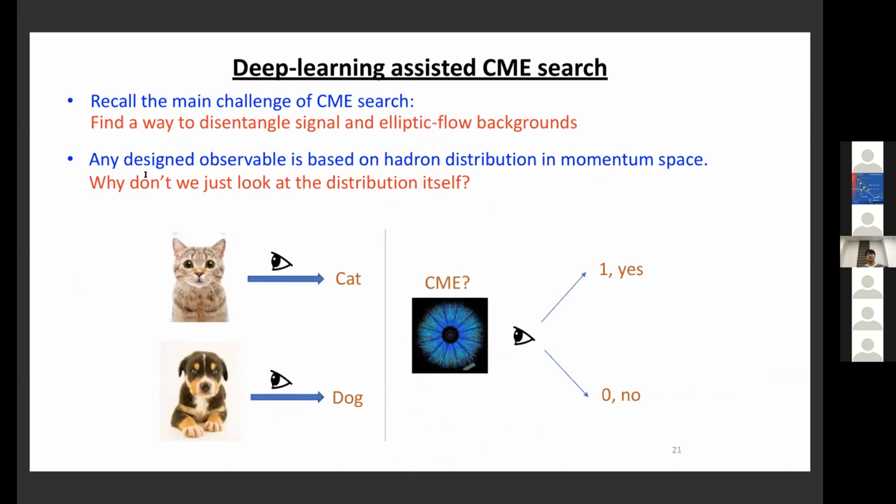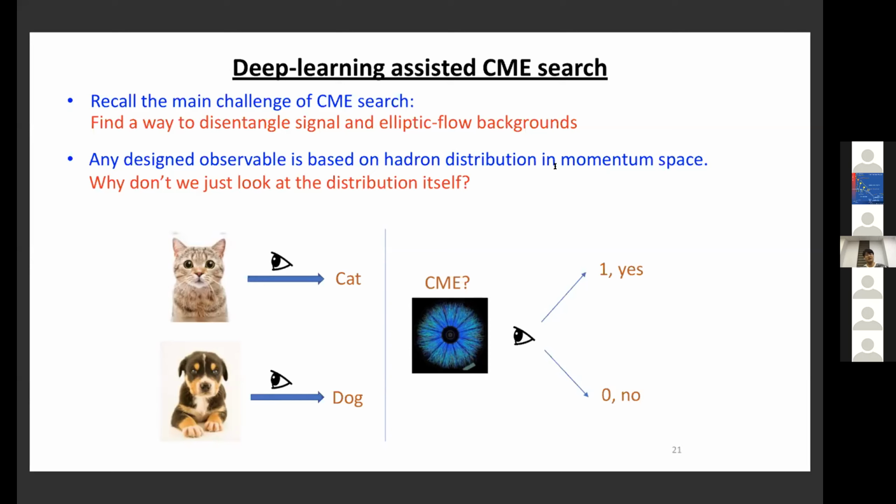Because all those designed observables are based on the final hadron distribution in momentum space, why don't we just look at the distribution of the charged hadrons itself?